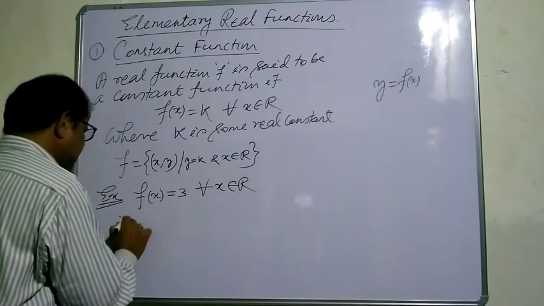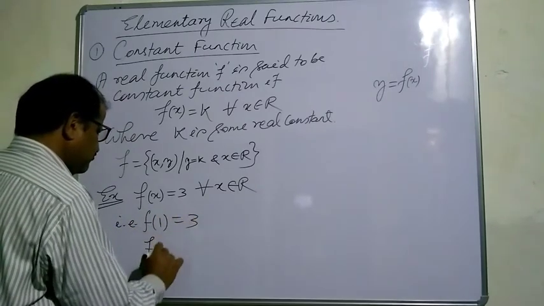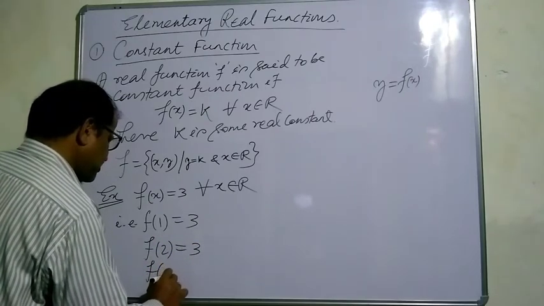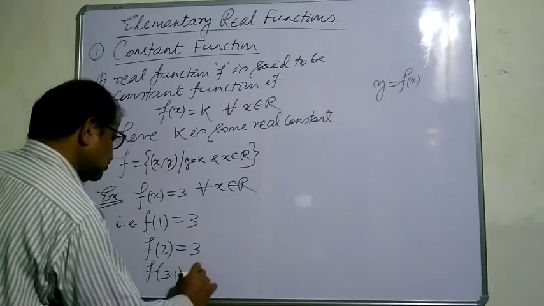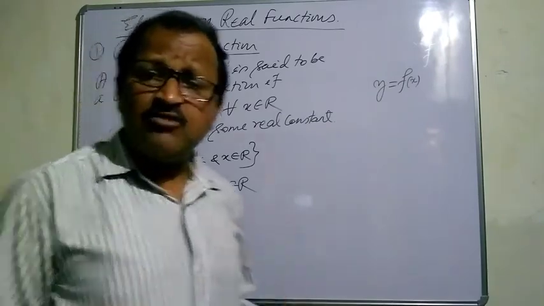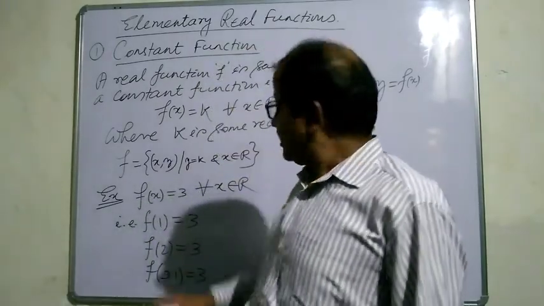That is, f of 1 is equal to 3, f of 2 is equal to 3, f of 3.1, this is also 3. Whatever value you may give to x, the value of f(x) is 3. Like this.